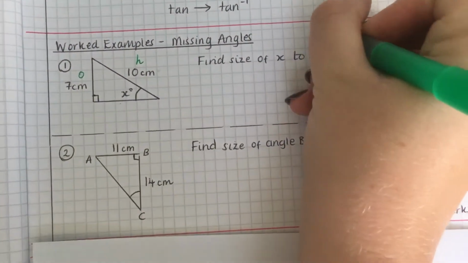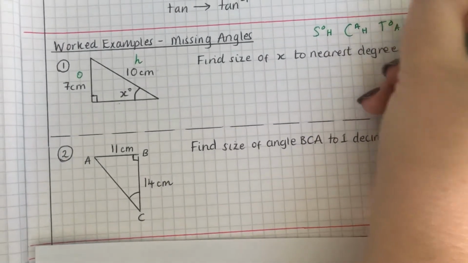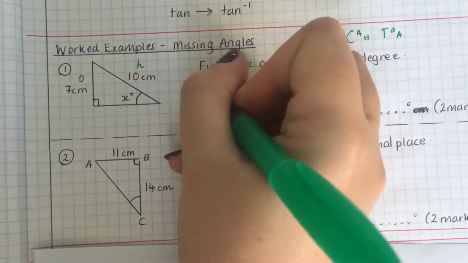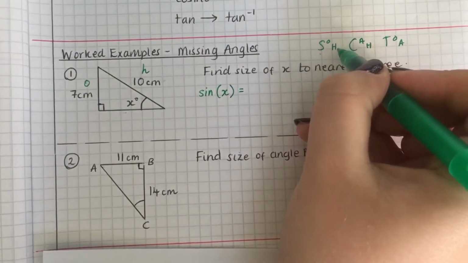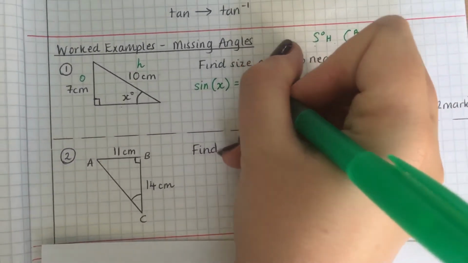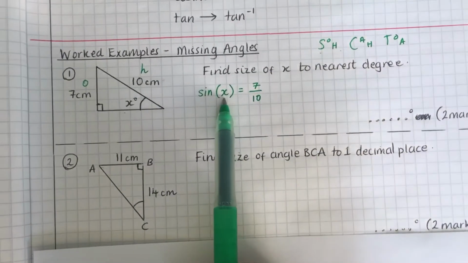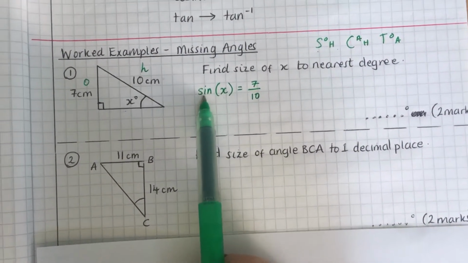So when we've got SOHCAHTOA, remember always write it down. O and H is going to be sine. So you would write sine of the angle, but this time the angle is X, equals opposite over hypotenuse, so 7 over 10. We need to work out what X is, and this is why the inverse of sine comes in, because we need to get rid of sine. We do the opposite on the other side.